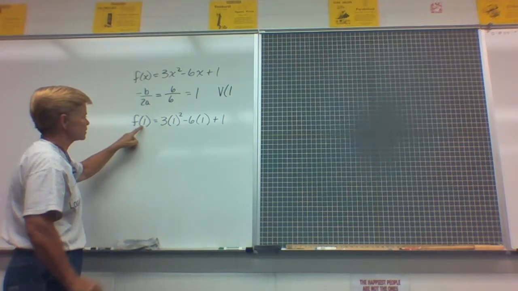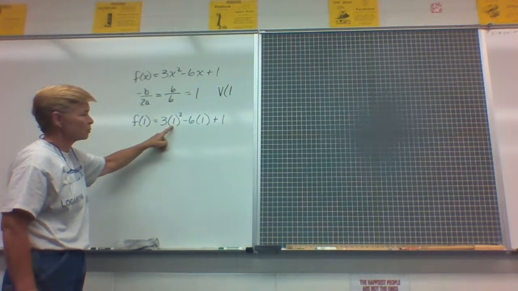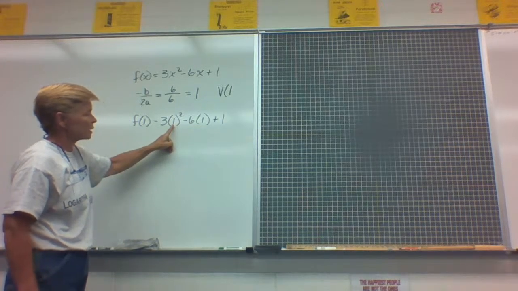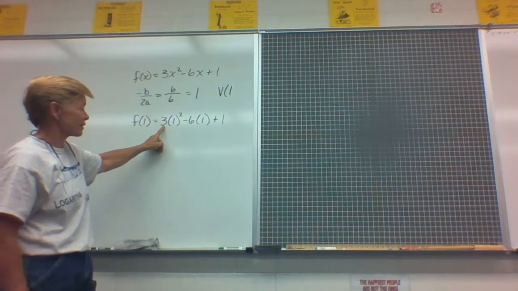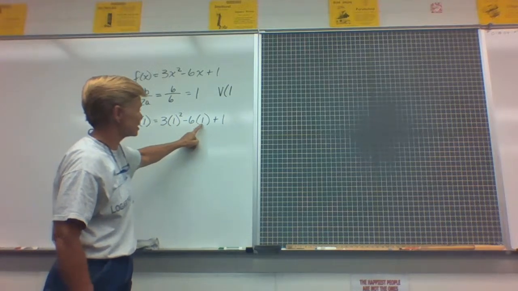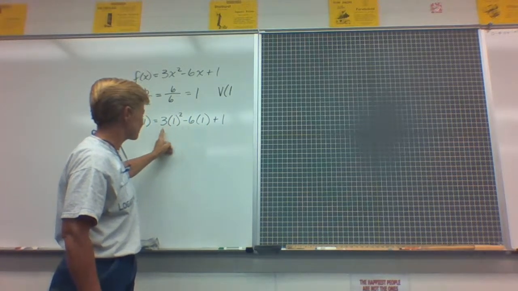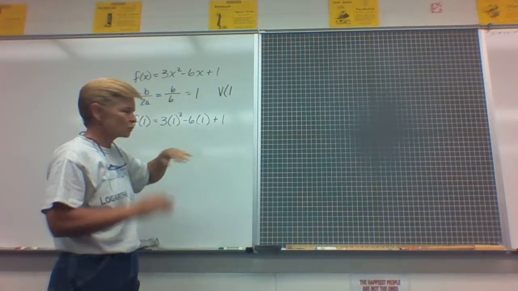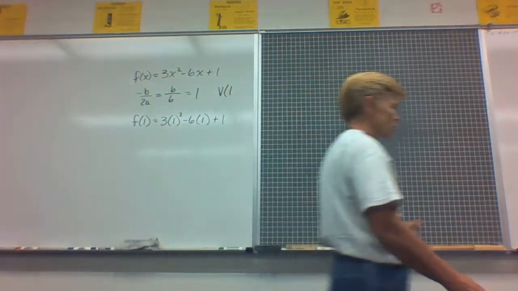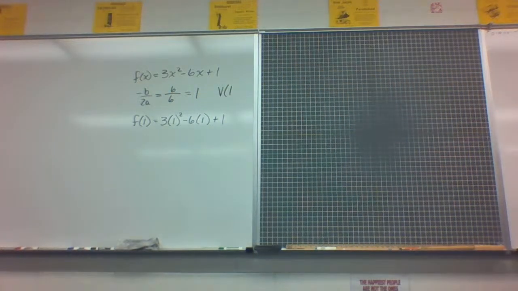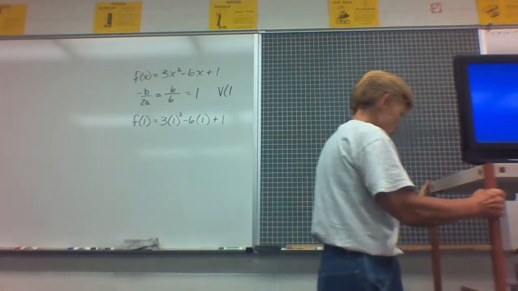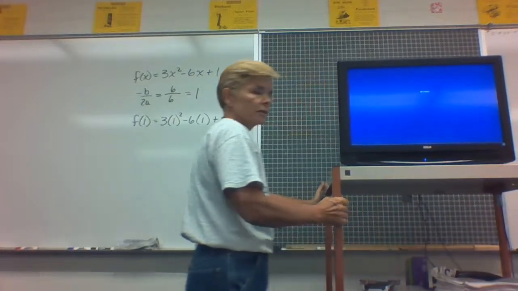Let's say, for example, this thing right here was 13/6. You probably don't want to do the arithmetic by squaring 13/6 and then multiplying that result times 3 and then taking negative 6 times 13/6 and doing the arithmetic on those two and then adding 1. That's really hard to do. Nobody does the arithmetic very well because fractions are hard. So if it were ugly like that, this is what I'm recommending that you do.